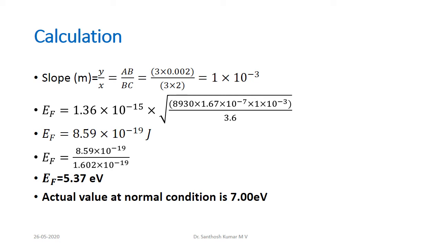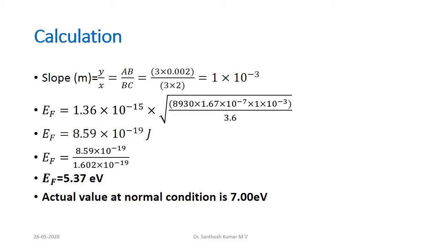Next, we can express this energy in electron volts by dividing by the charge of the electron. Here EF is equal to 8.59 into 10 raised to power minus 19 divided by 1.602 into 10 raised to power minus 19. So the obtained value in electron volts is EF equal to 5.37 electron volts.